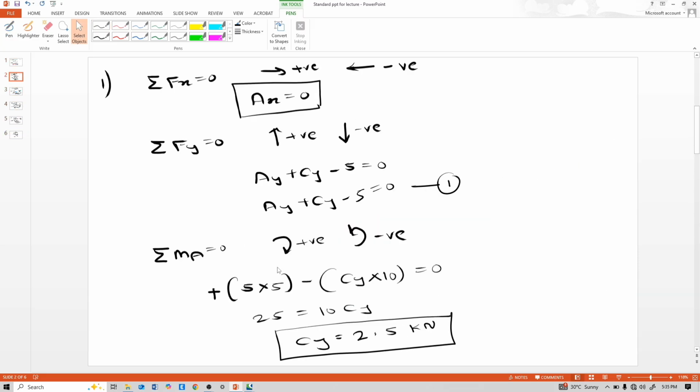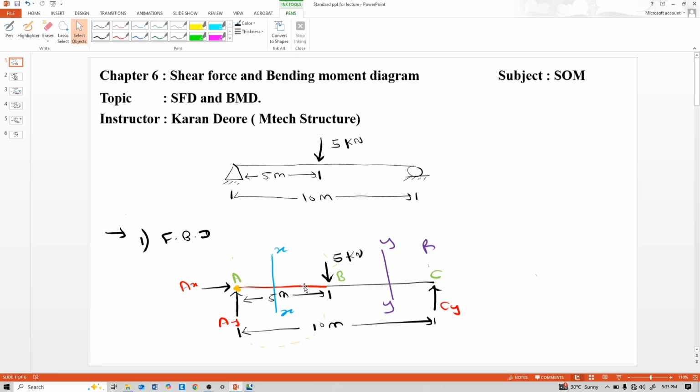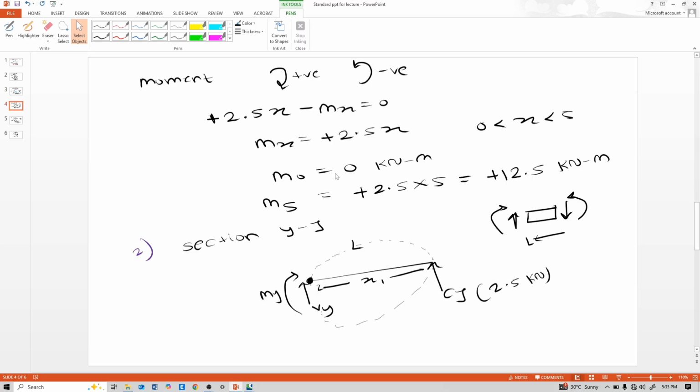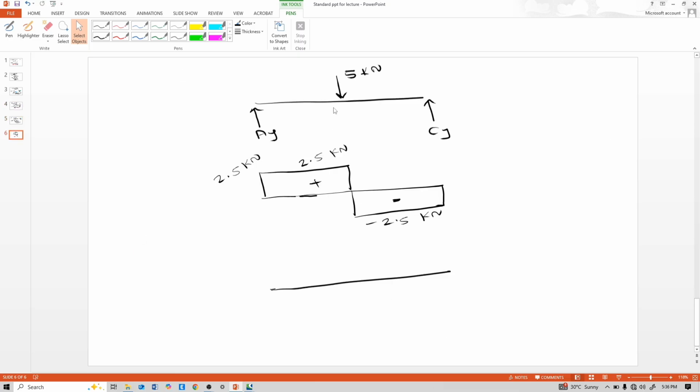See this moment at A is AY. At P it is 12.5 kilonewton meter, and at 0 it is 0. See, moment at 0 is 0 kilonewton meter and moment at P is 12.5 kilonewton meter.